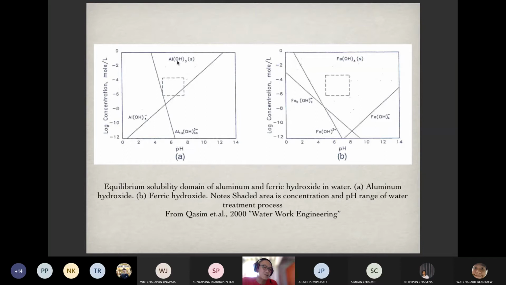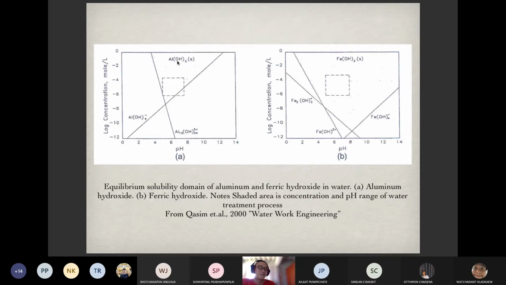Aluminum is good enough to be used as the coagulant to neutralize the charge, because it's very cost effective, as it is cheap and it does not provide any hazard to the consumer, even though we add it into the water.